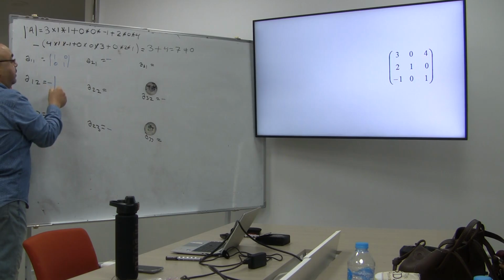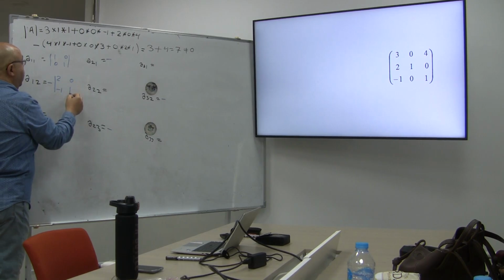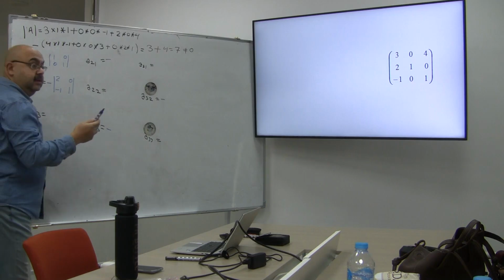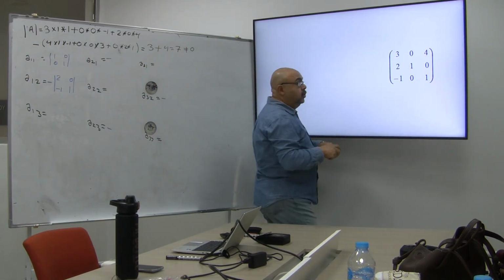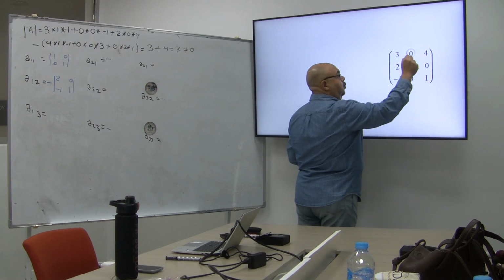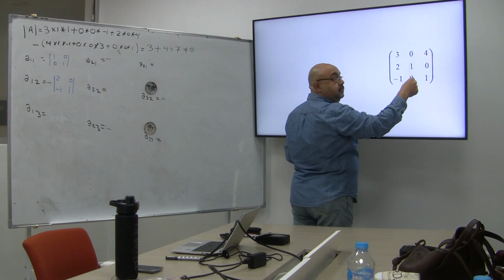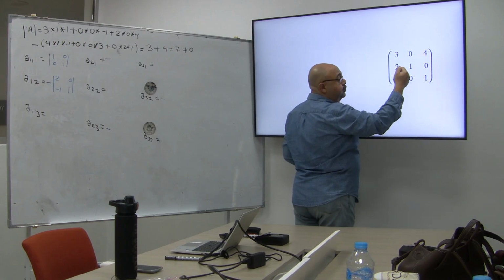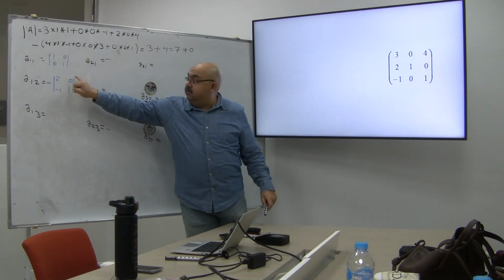I believe it's going to be 2, negative 1, 0 and 1. Am I right? This is 1 2. So I will eliminate this guy and that column. You will end up having 2, negative 1, 0 and 1.